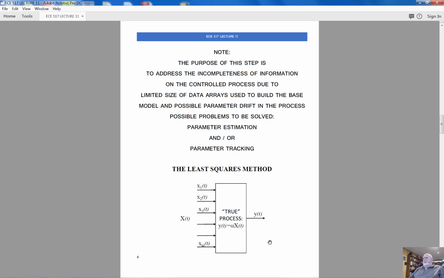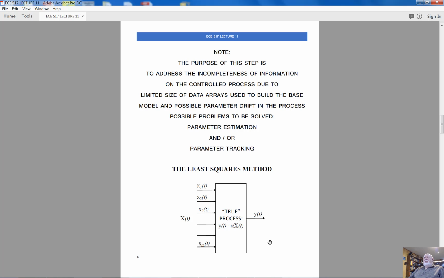Now, it is also good to keep in mind that in the parameter estimation task, there are two subtasks. They could be performed both of them or only one of them: parameter estimation and parameter tracking. Parameter estimation is a typical process for building the base model on a fixed, closed data array.